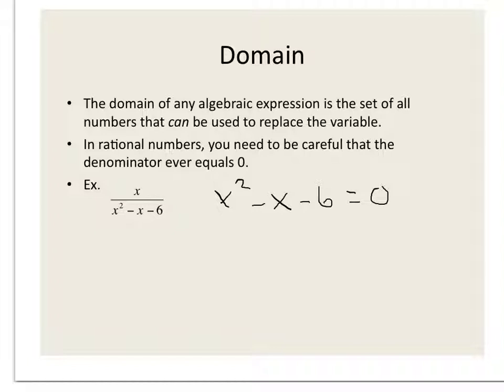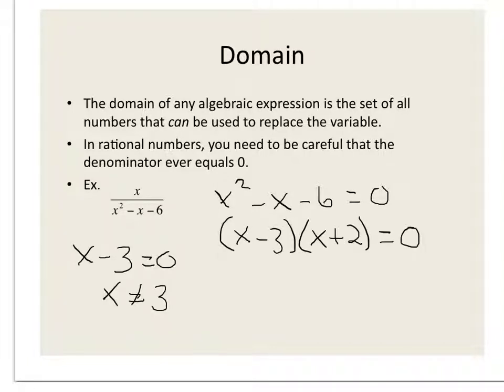You also have to check the x plus 2. If x plus 2 equals 0, anything times 0 is 0. So that's going to cause a domain issue as well. So here we have x plus 2 equal to 0.